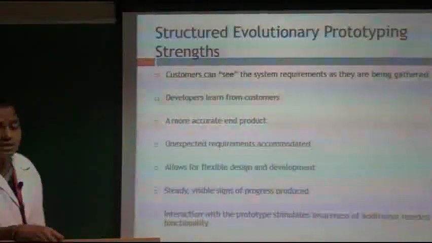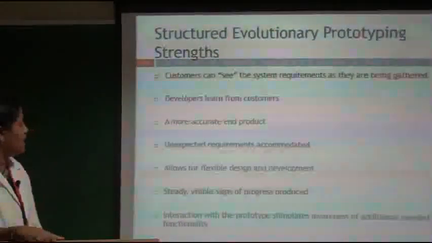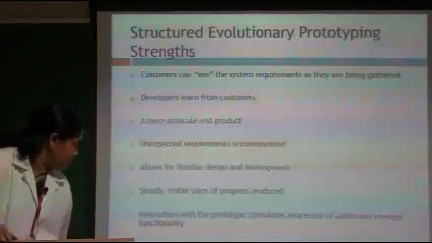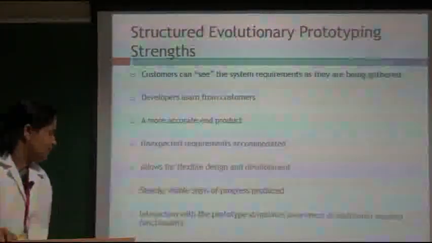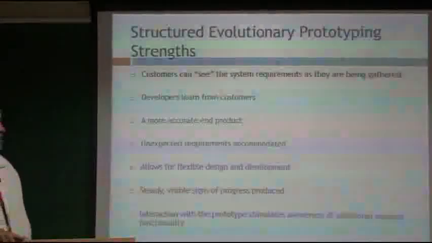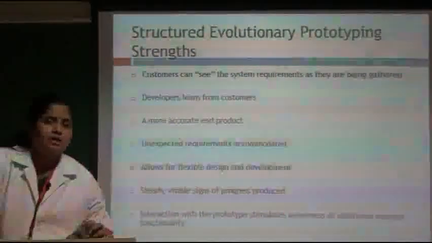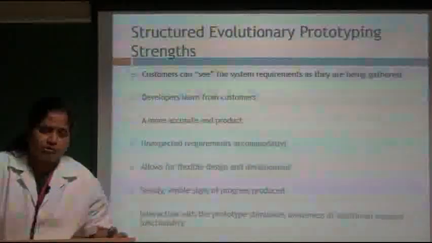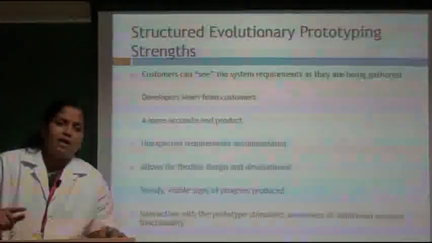This model allows flexible design and development, and it provides steady, visible signs of progress. Interaction with the prototype stimulates awareness of additional needed functionality. Since from the beginning you are interacting with the customer and developing a prototype based on the customer, this is iterative in nature.